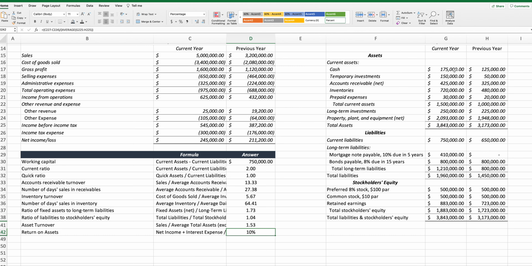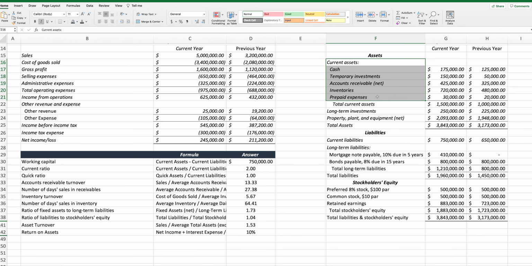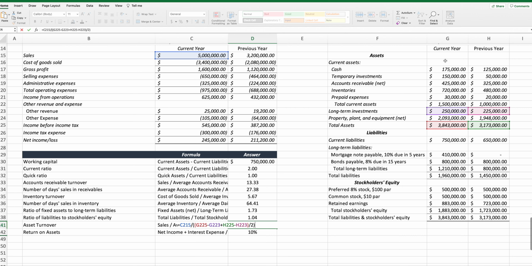So I've got all of my current assets here, and I also want to include my property, plant, and equipment. So I have included all of those things, my long-term investments, and my total assets. Or I'm sorry, my total assets minus my long-term investments. And that's what you see here.